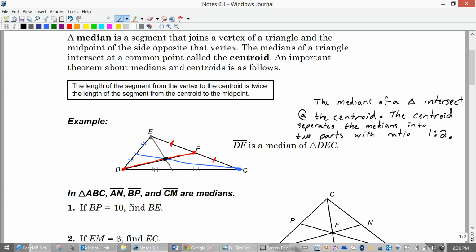Okay, if I say 1 cup sugar or 1 part sugar and 2 cups flour or 2 parts flour, so a ratio of 1 part to 2 parts, how many total cups or parts am I going to put into the batter? If I do 1 cup sugar and 2 cups flour, how many total cups would go in this batter of cookies? 3 total cups, right? The ratio, though, would still be 1 part to 2 parts.